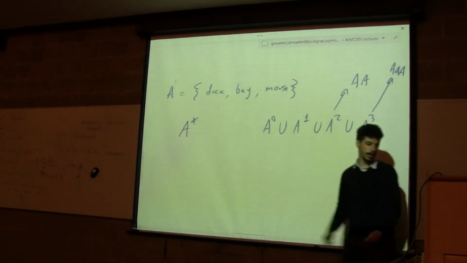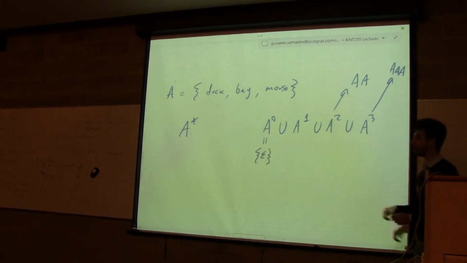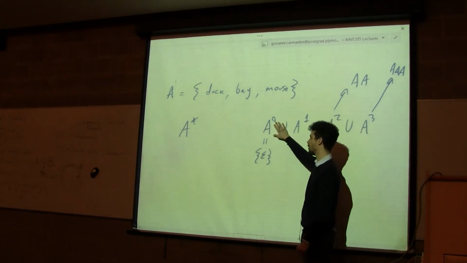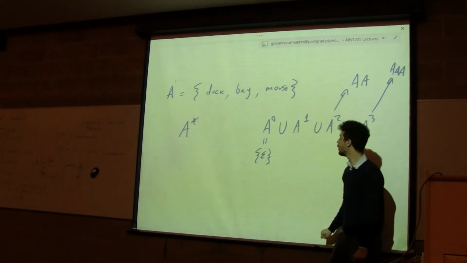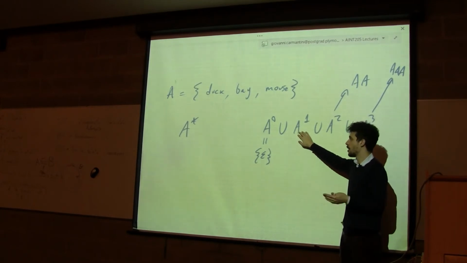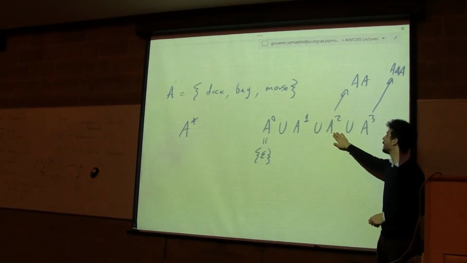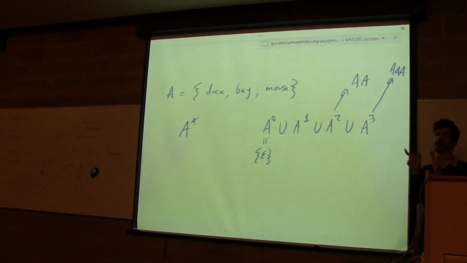So this one is defined to be the set containing the empty string. So whatever set you have, which is exponentiated to 0, is the empty string. A1 means the original alphabet or the original set. A to the second means a concatenation of A and A.